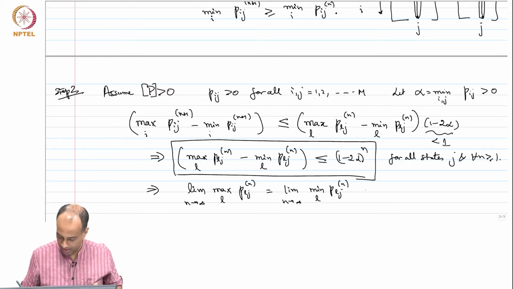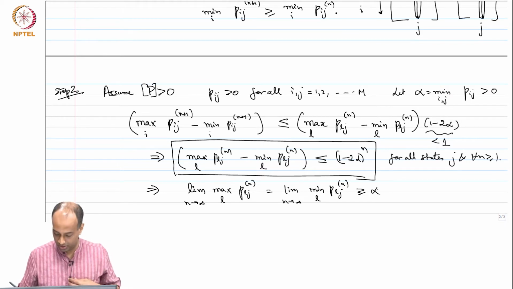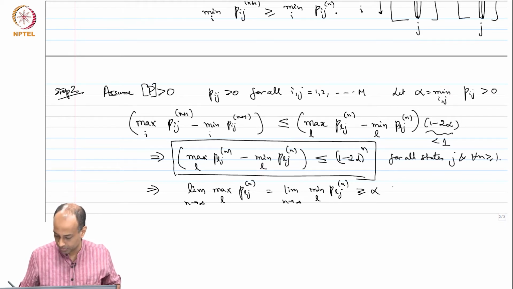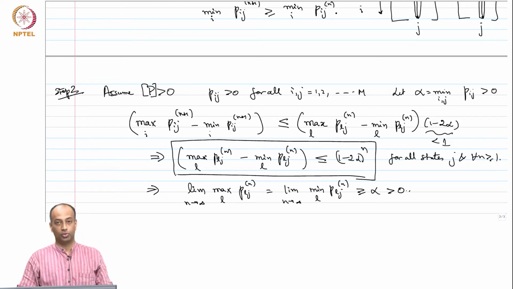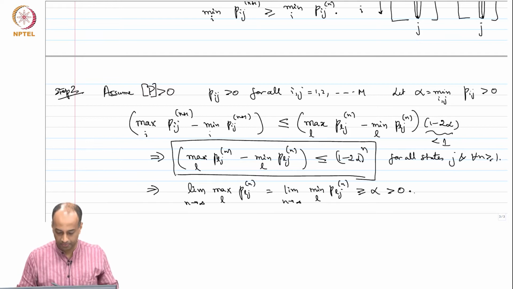And all of these will be greater than or equal to alpha because the entries are all greater than or equal to alpha, and this will be greater than 0. This also we can prove. Okay, alpha is of course greater than 0, right?